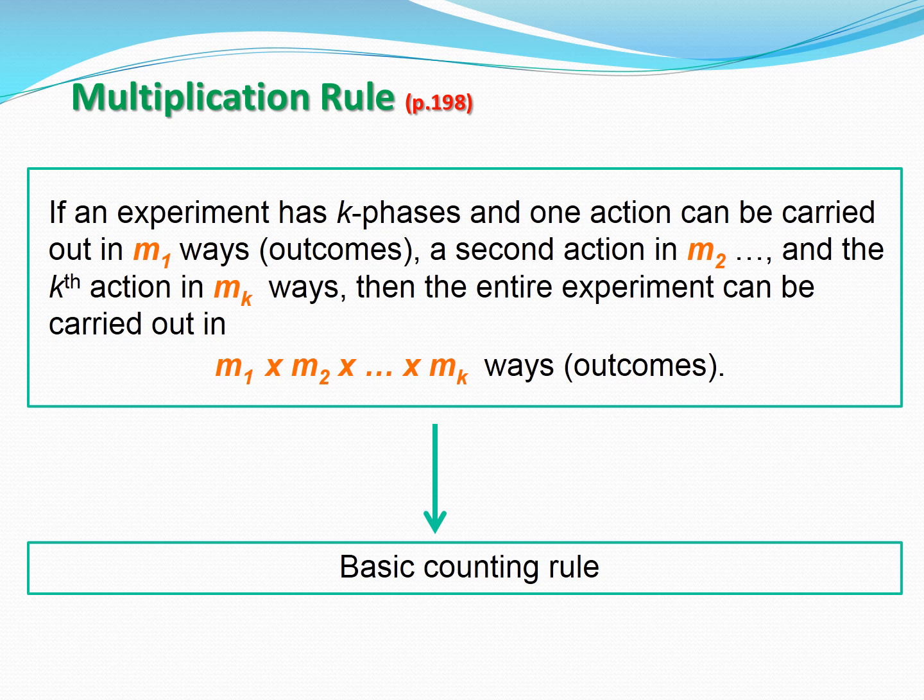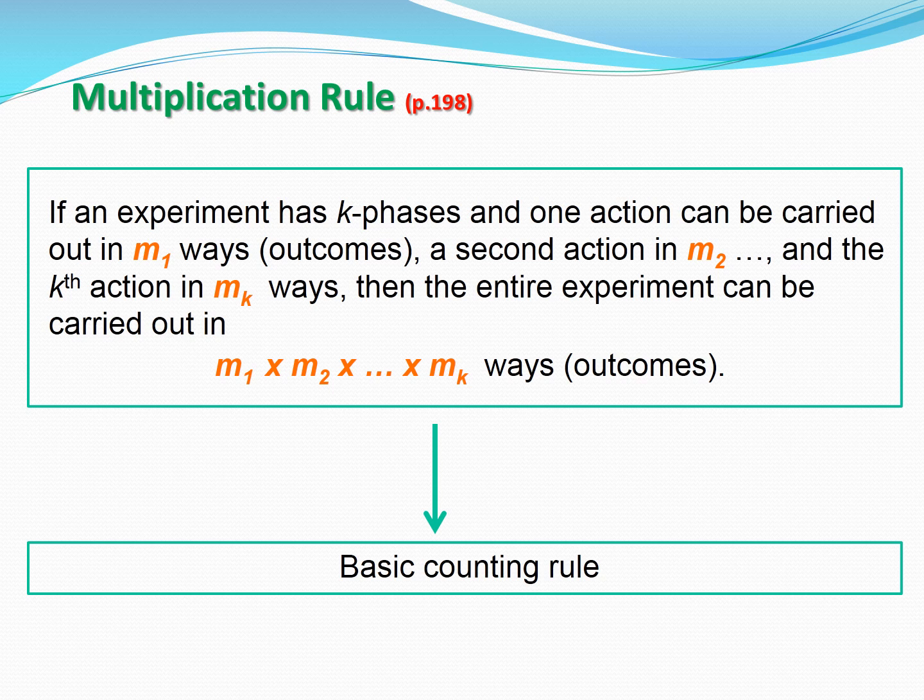And then you just take the product of all the number of outcomes for each action to determine the total number of outcomes or the ways in which the experiment can be carried out. For example, let's say that the first action can be carried out in M1 ways, the second action can be carried out in M2 ways, up to the kth action that can be carried out in MK ways.